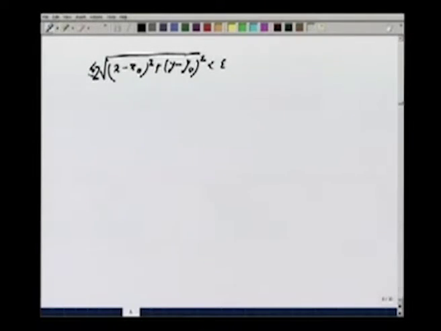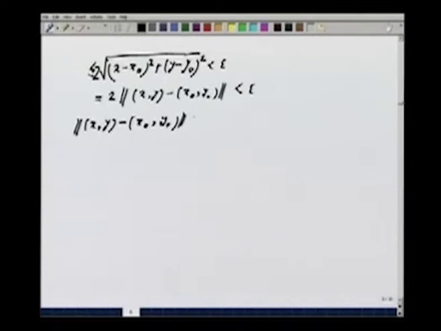Now the choice is obvious, because this quantity is nothing but 2 times norm of (x, y) minus (x naught, y naught). I want this to be less than epsilon. That means the norm of (x, y) minus (x naught, y naught) should be less than epsilon by 2. Choose this as delta. That gives me continuity of the function by the second criterion.